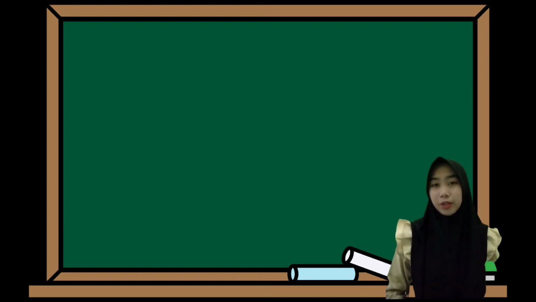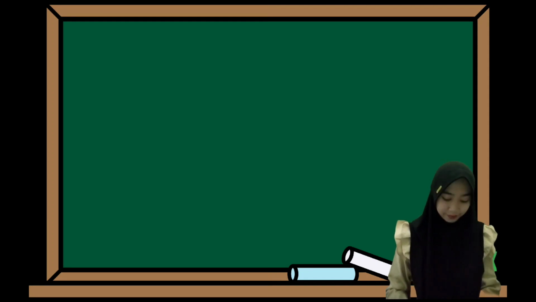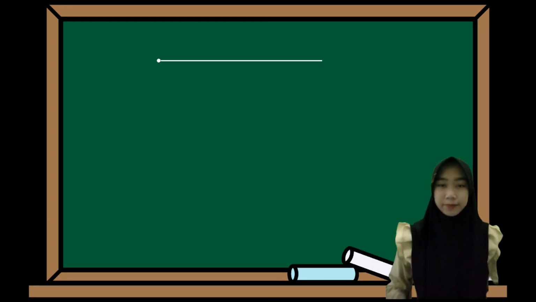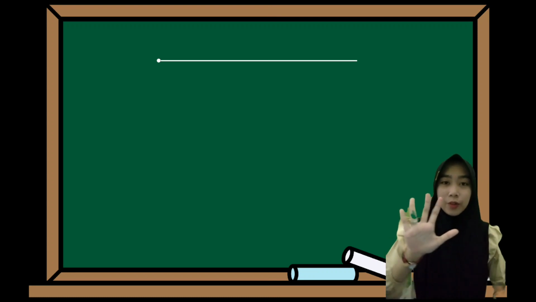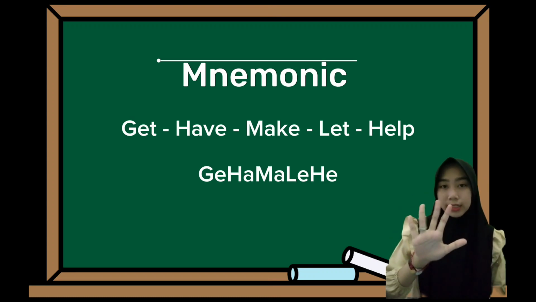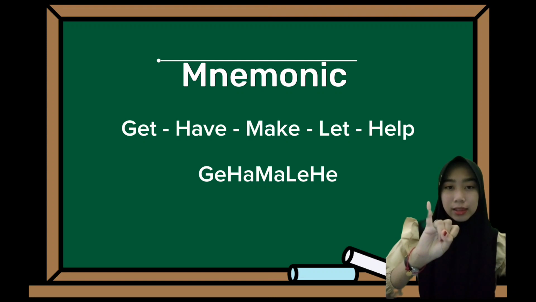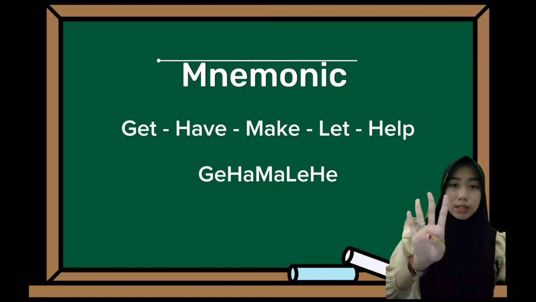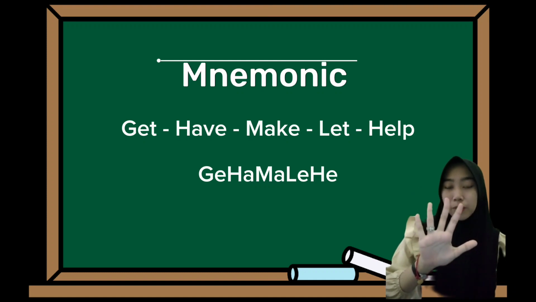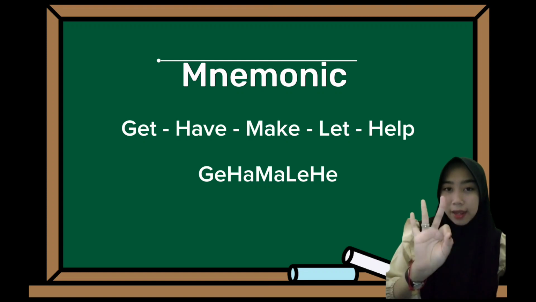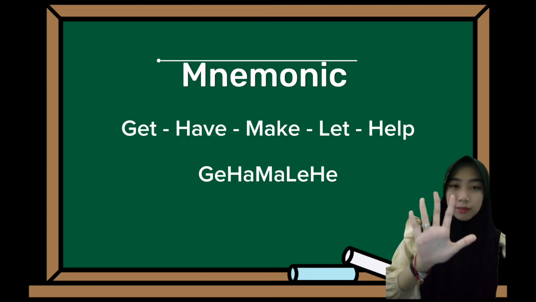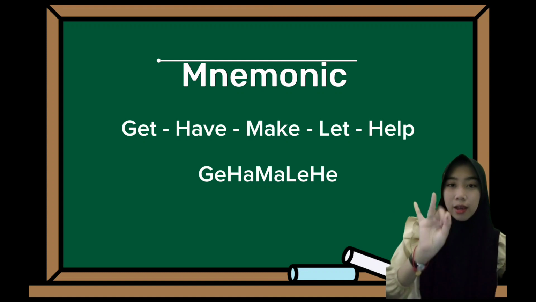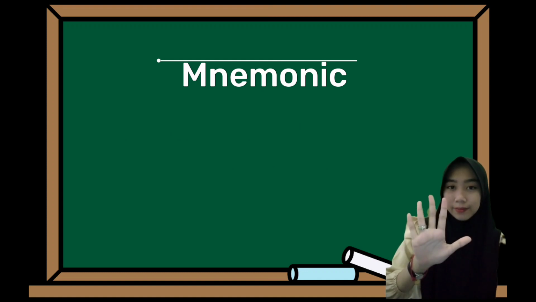I will give you the mnemonic for how to remember these causative verbs. This is the jembatan keledai. There are 5 causative verbs. First is get, have, make, let, and help. We can remember it by ke, ha, ma, le, he. Ke, ha, ma, le, he.